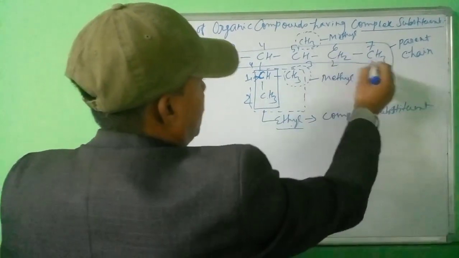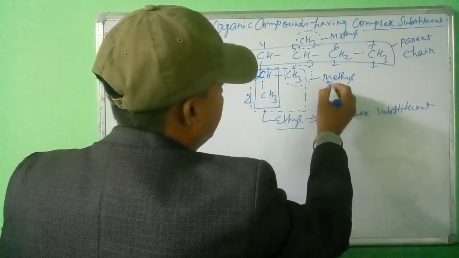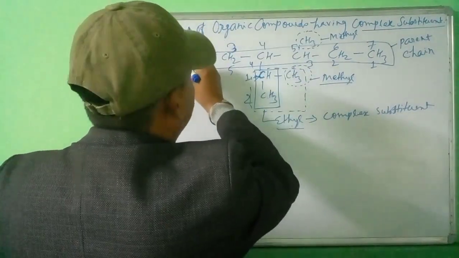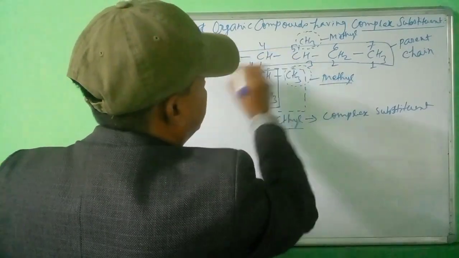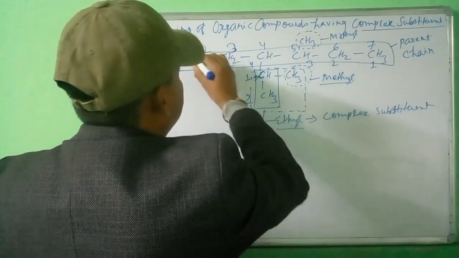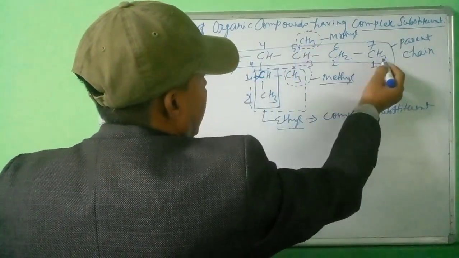Now the position of the ethyl, which has a methyl. When you number left to right, the ethyl is at position 4, and right to left also position 4. But the position of the methyl is 5th from left to right, and 3rd from right to left.